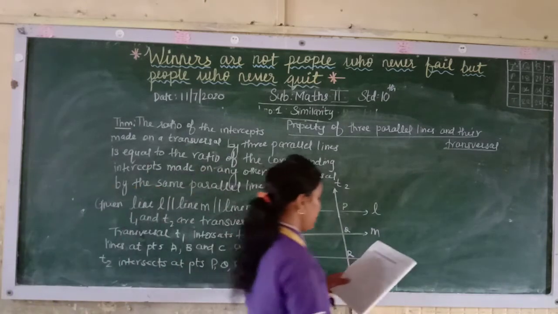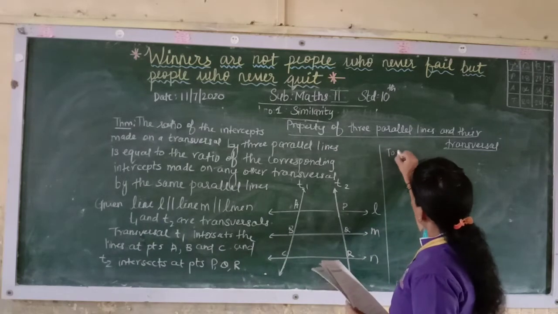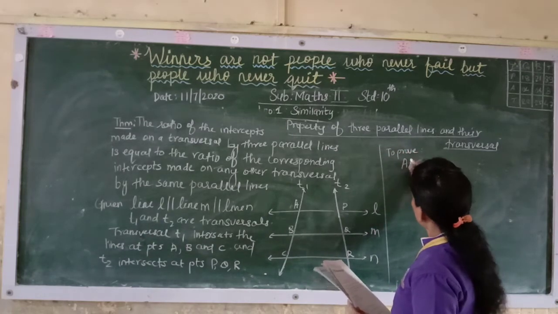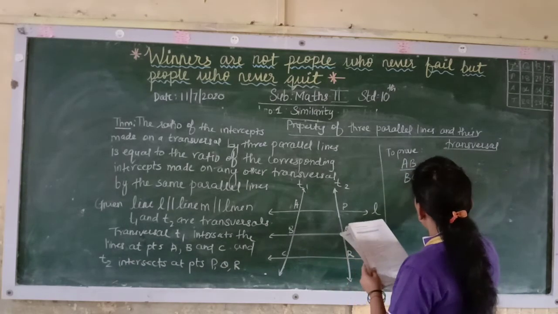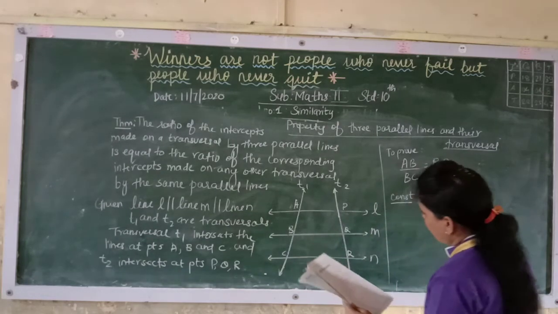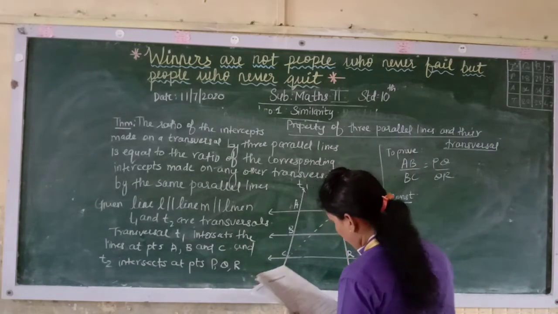Now what we want to prove is, our ratio: AB upon BC is equal to PQ upon QR. For this construction, first you have to draw this line.